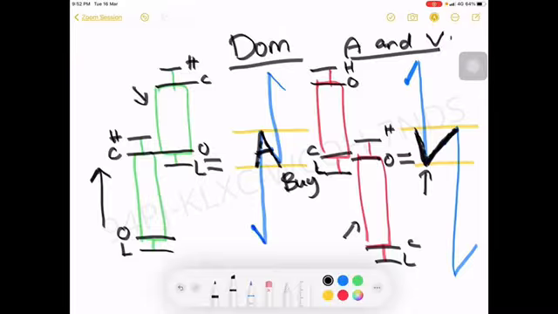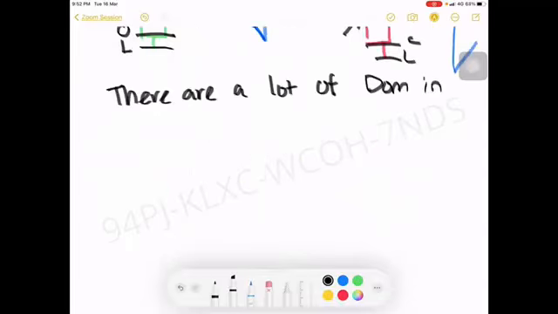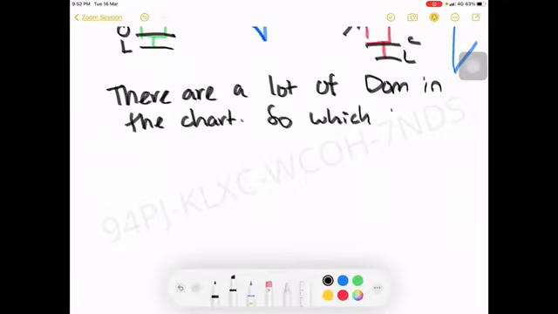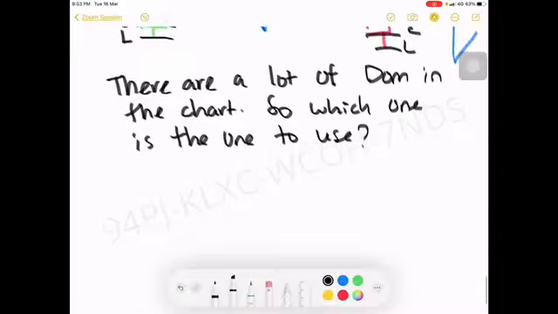So this V is for sell, in the chart. So which one is the one to use? How do you know which DOM you are going to use? How do you find the DOM?